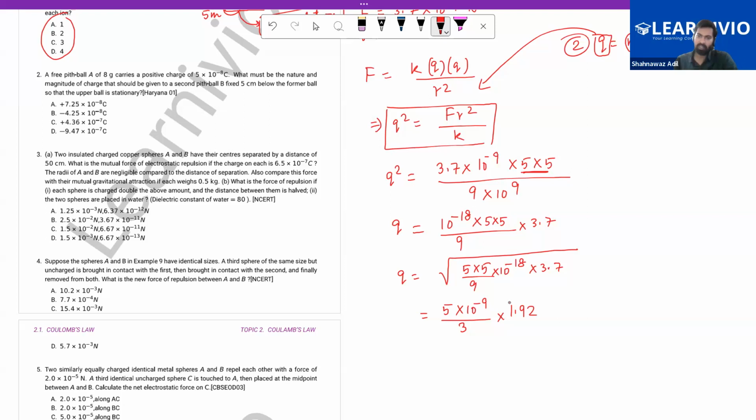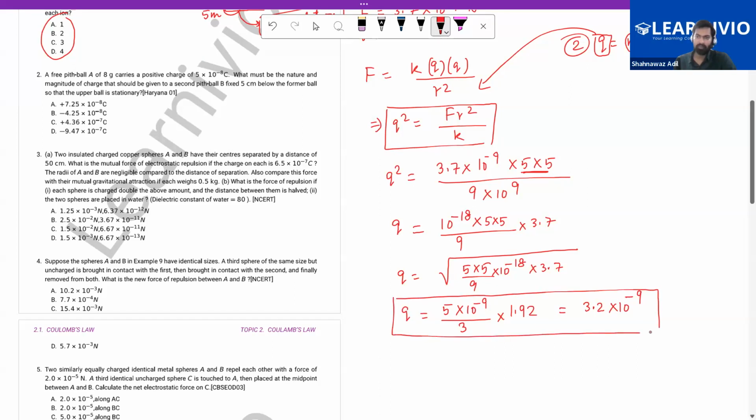So this is 3.2. So 3.2 into 10 to the power minus 9. This is the charge that we have.